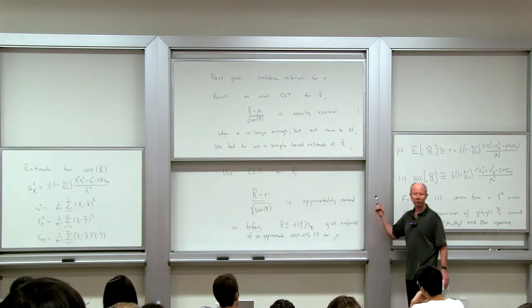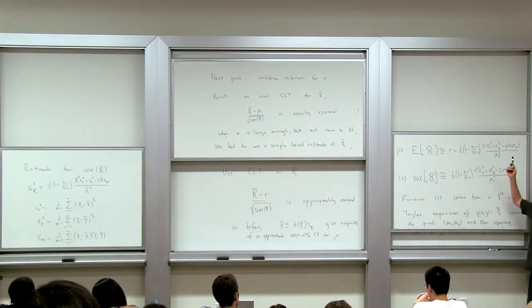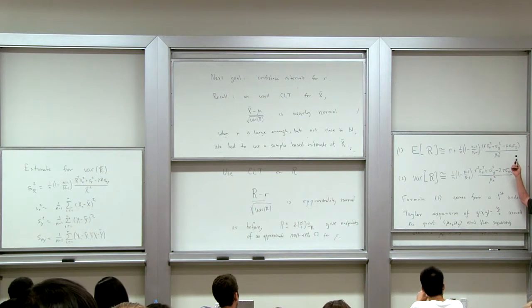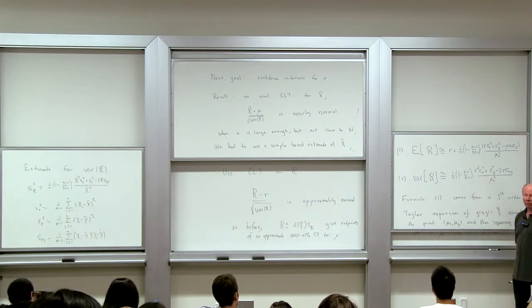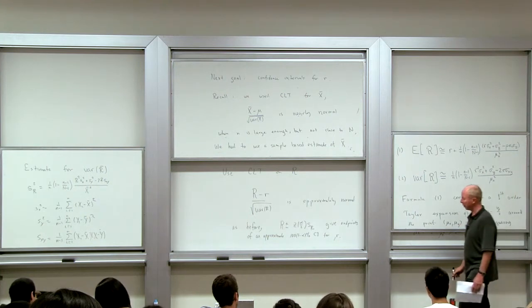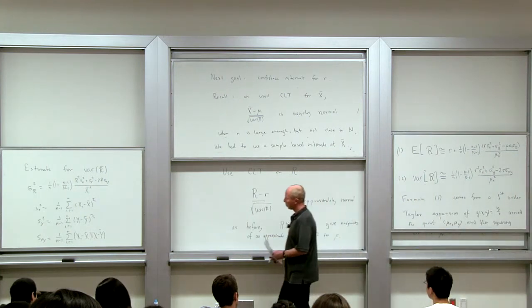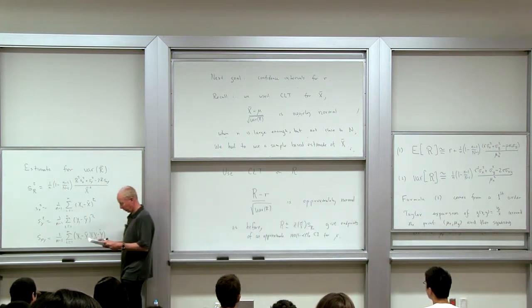You can't put in the population parameters there, sigma x, sigma y, sigma xy, or R. So we put in the sample estimates of those things. Okay. All right, so that's pretty much like before.